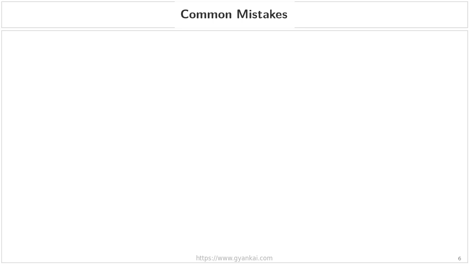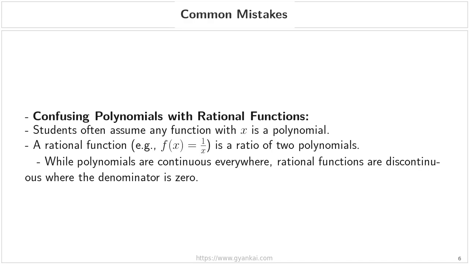Common mistakes. Now that we have walked through a practical example of verifying continuity, let us address some common pitfalls that students often encounter when dealing with these concepts. First, it is very important not to confuse polynomial functions with rational functions. A frequent mistake is assuming that any function containing the variable x is automatically a polynomial.